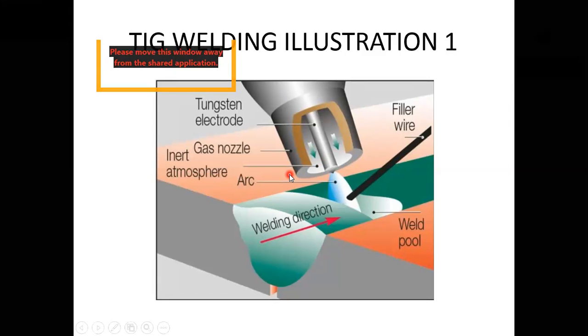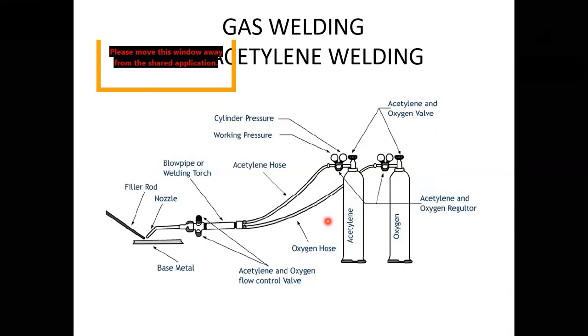That means atmospheric oxygen should not react with the welded joint when it is hot. If the atmospheric oxygen reacts with the metal, oxidation takes place and the joint which we are going to get is weak. That is why. So this is the gas welding equipment.